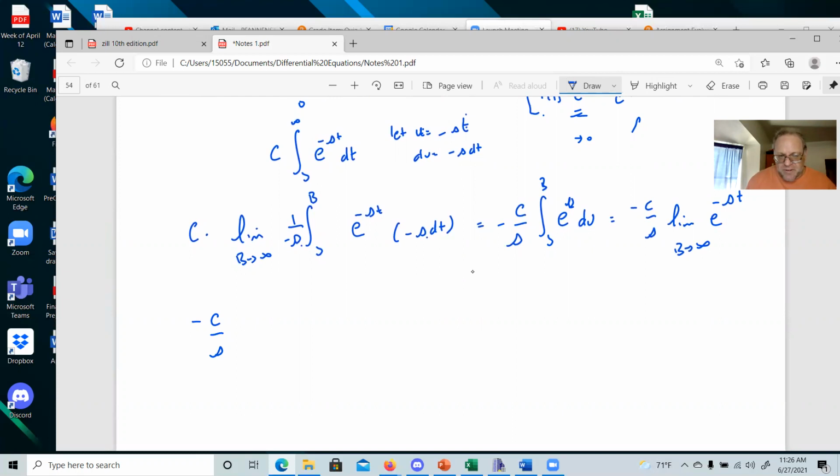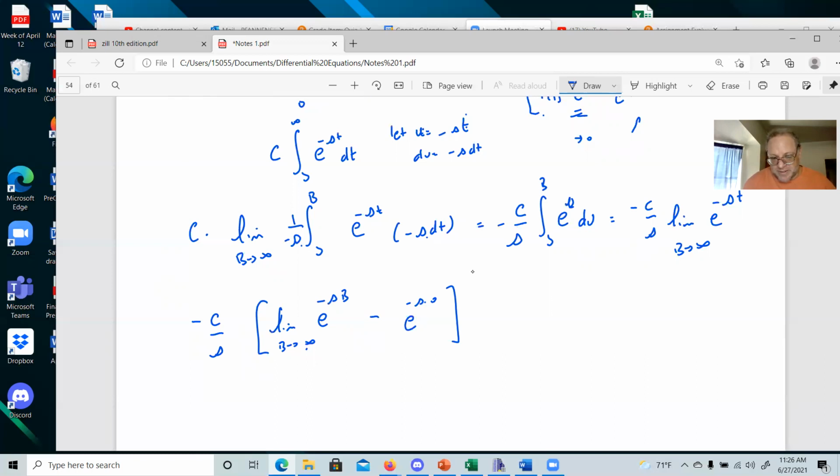Now we have to deal with this. As b goes to infinity, we have e to the negative sb minus e to the negative s times 0. As b goes off to infinity, what is this limit?